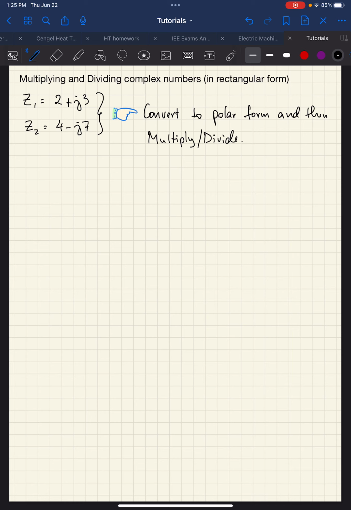So let's practice. Here's z1, and I want to convert that into polar form. I have to find two things for polar form. Number one, the magnitude. Number two, the phase angle. To find the magnitude, you take the real part, square it, add it to the imaginary part squared, and then take the square root of that sum.